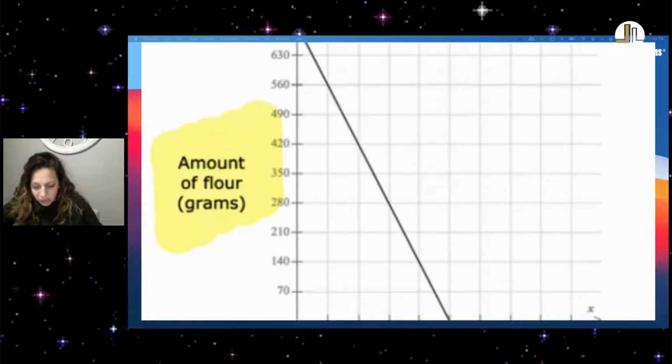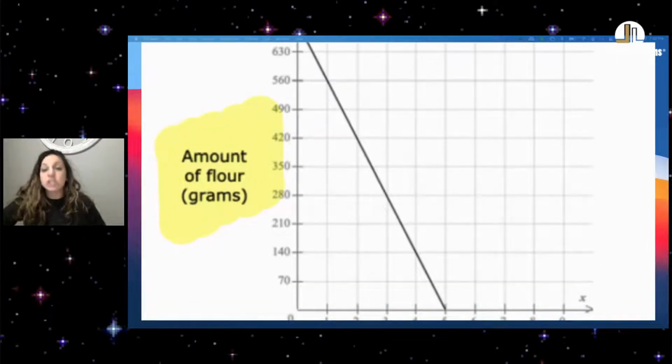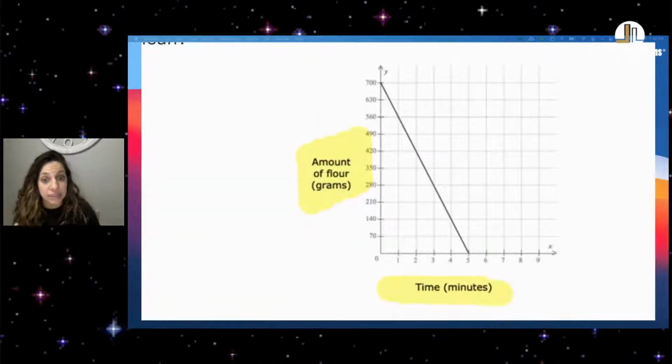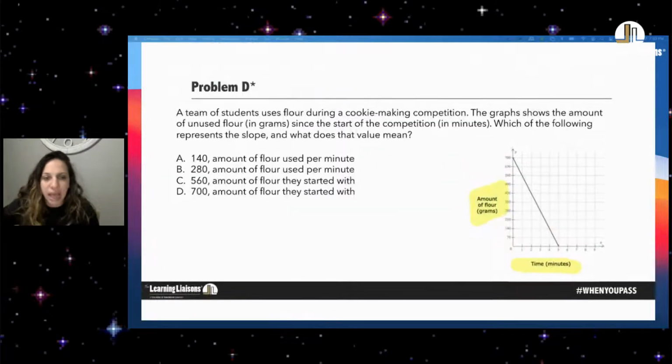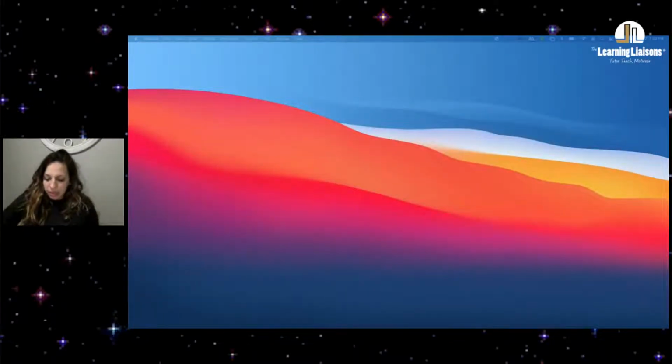So let's zoom in on this graph a little bit and just talk about the graph for a second. Again, would I sit here and analyze this graph if I was actually taking an assessment? No, I wouldn't, because I don't have time for that. But it disconnected. It does this at least once a time. I don't know why. So I would not analyze this graph if I was actually taking this test.